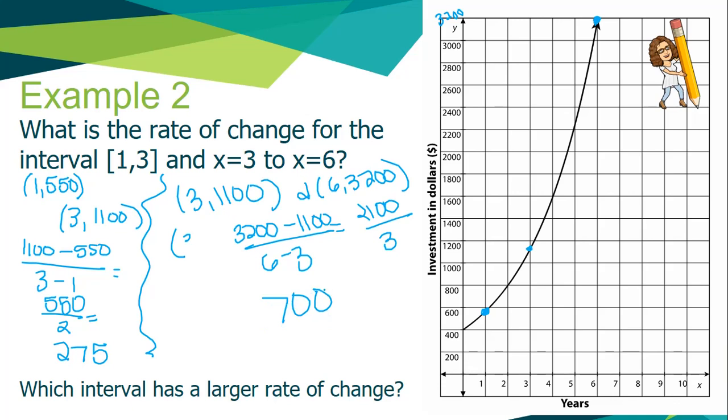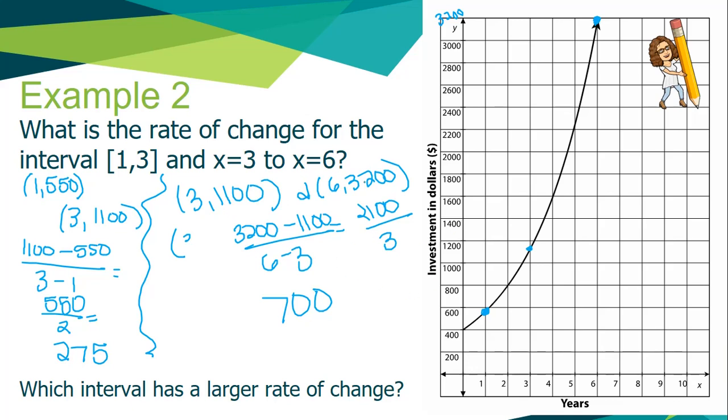Now you're probably saying, well, why is that the case? Look at the graph, guys. Look how much steeper the curve starts to become at that particular point. This is a lot nicer of a curve, not as much growth. But from here to there, there's a lot of vertical growth. The difference of the y values is very large.